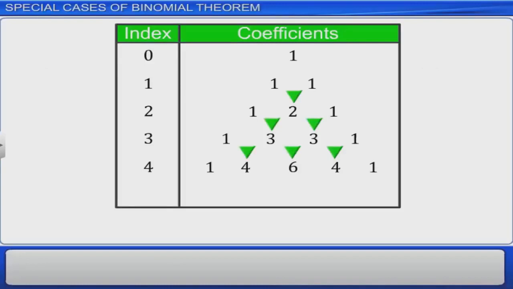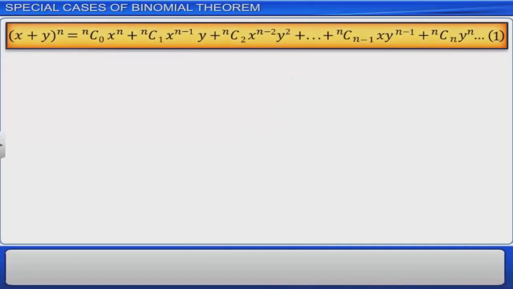In the previous module, you learned the expansion of a binomial raised to any positive integral index using Pascal's triangle. For example, the expansion of (x plus y) whole raised to the power of n is as shown. In this module, let us look at some special cases of binomial expansion.